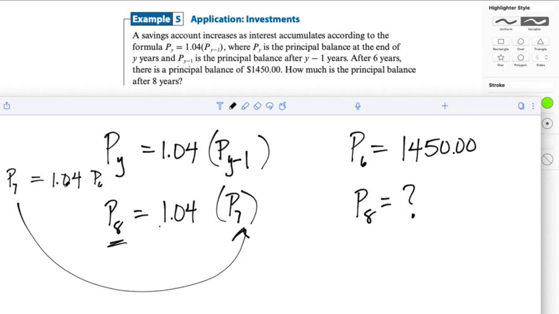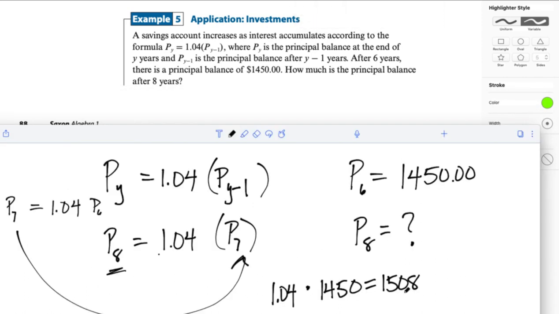Let's see. So to find P sub 7, we know we're going to take 1,450, which is P sub 6, and multiply it by 1.04. By the magic of pausing, the answer is 1,508. So now we're going to take P sub 7, plug it in here, and figure out what P sub 8 is.